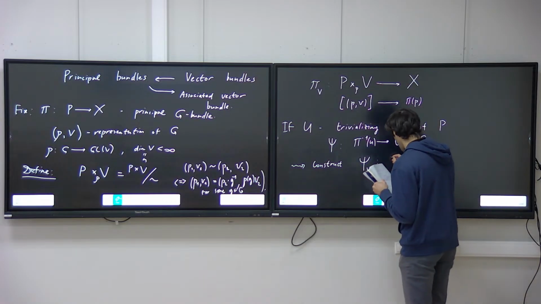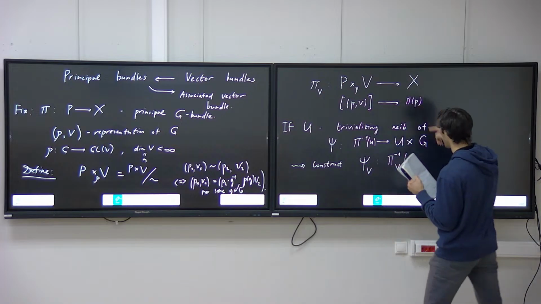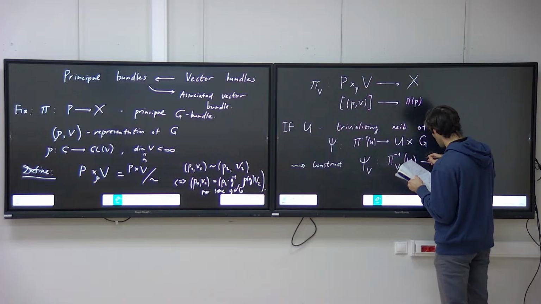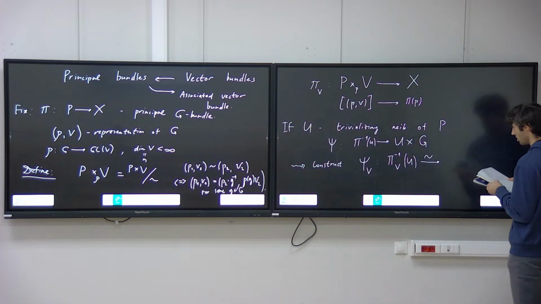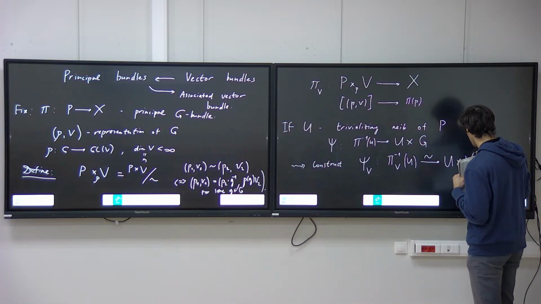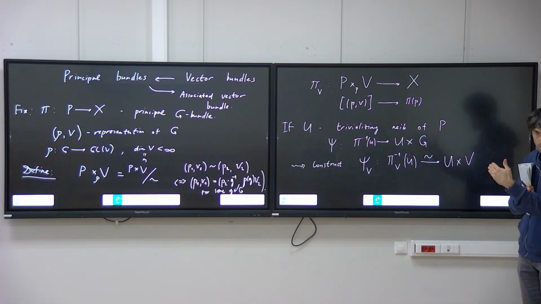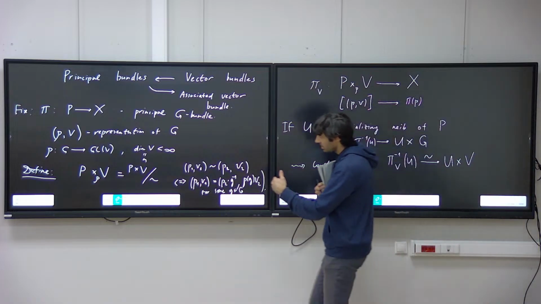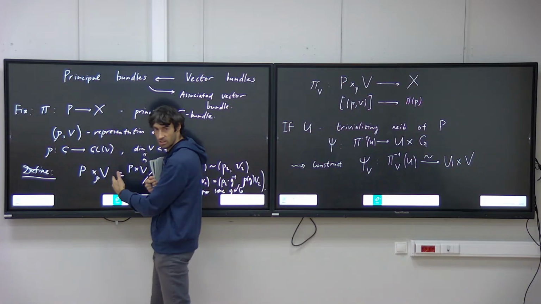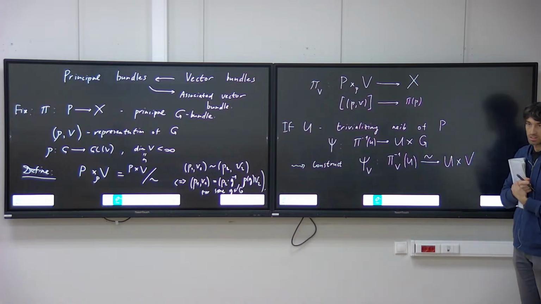This is from pi v inverse of U, where pi v is this projection. This should be a homeomorphism to U cross V. So again, we are building a vector bundle over X with fiber V, and this will be my trivializing map.